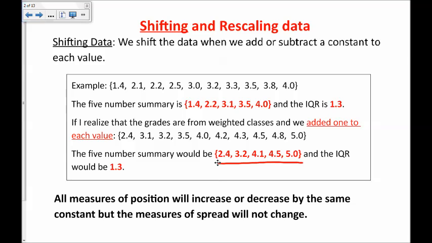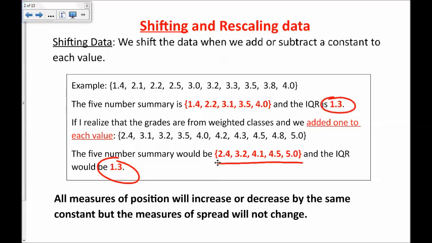Okay, those are all measures of position. The maximum, the minimum, Q1, Q3, those are all measures of position, and they all shift with the data, which kind of makes sense. Okay, but there has been no stretching of the data, it just was shifted up 1. And so the IQR did not change.